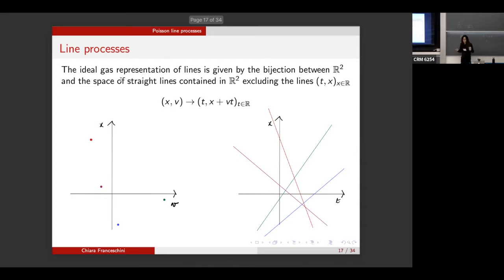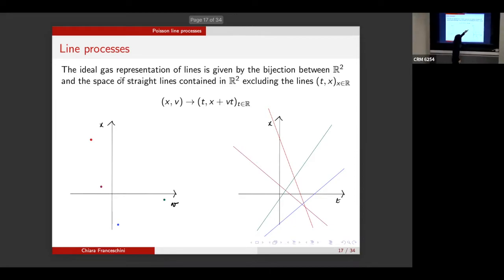There is a one-to-one correspondence between points of the XV plane and the so-called ballistic lines in the other picture. It is an almost one-to-one bijection, because you cannot describe vertical lines, those which have infinite velocity. So for example, this red point corresponds to this line. This is the same height on the vertical axis, and it has negative slope.